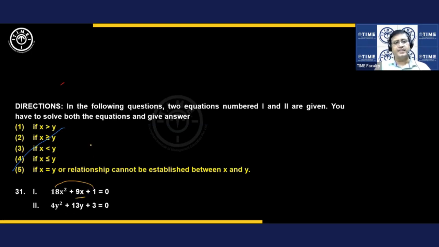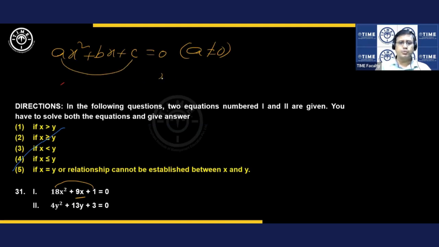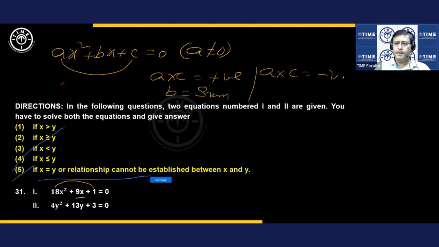For a quadratic equation ax square plus bx plus c equal to 0, where a is not equal to 0: if a into c is positive, the middle term b is the sum of the factors. If a into c is negative, then b, the middle term, is the difference of the factors.